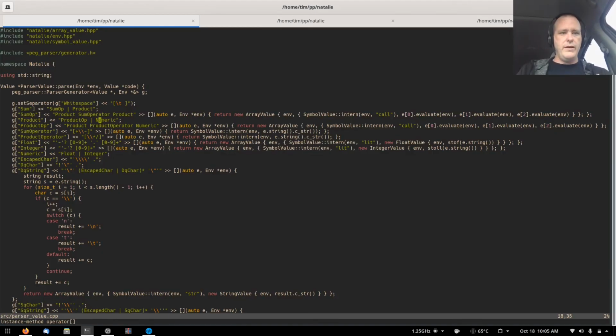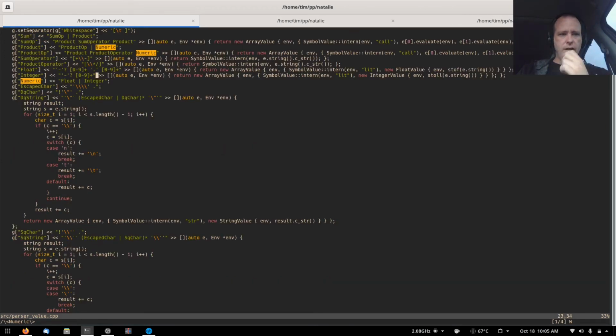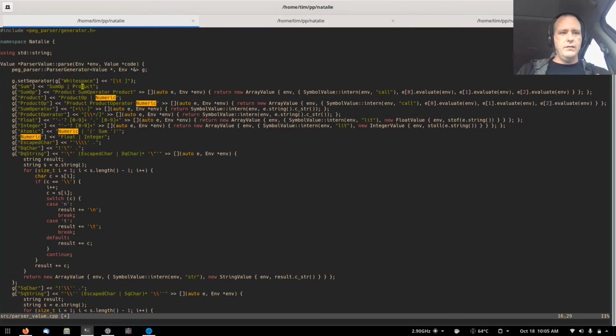So anywhere we have numeric, we're going to have a new one called atomic. And that's going to be numeric or parens, sum, parens. Is that right? Yeah.